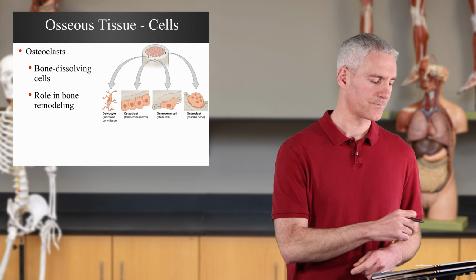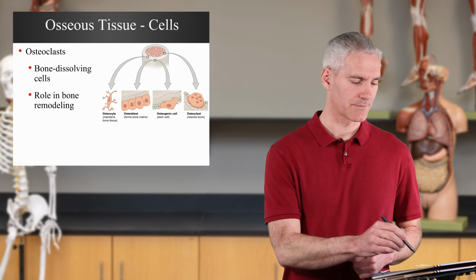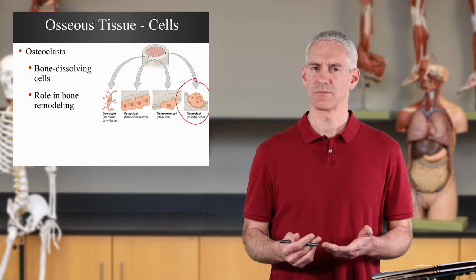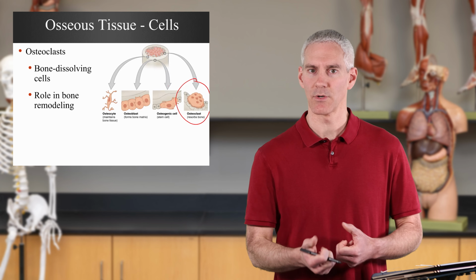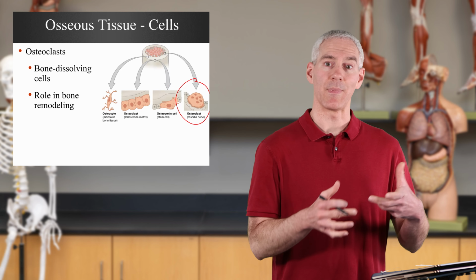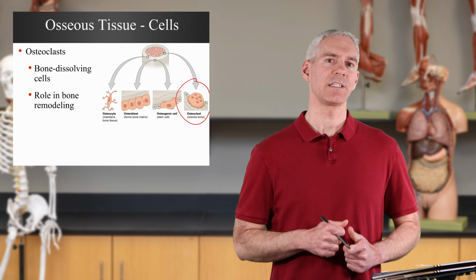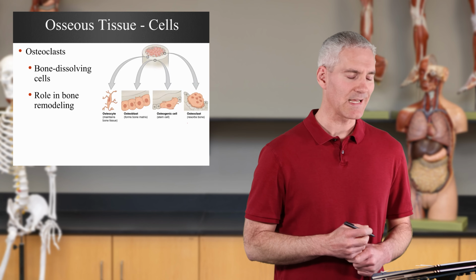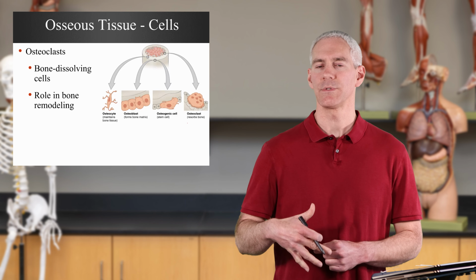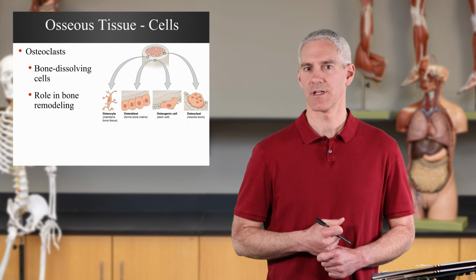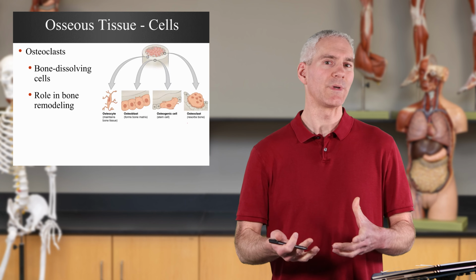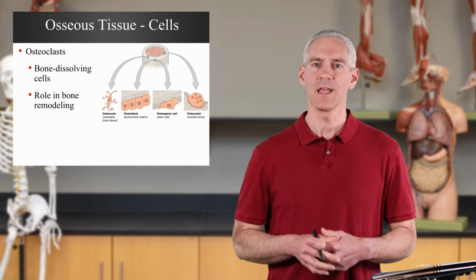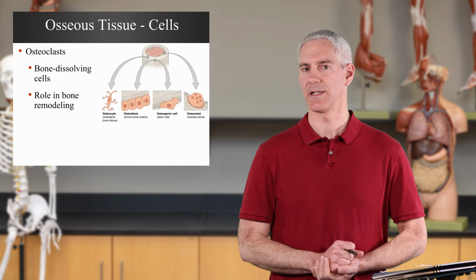But there's one more yet, the osteoclast cells. These osteoclast cells are a little bit different now because while the osteoblast created the bony matrix, and the osteocyte maintained the matrix, the osteoclasts are meant to destroy the matrix. These osteoclast cells will help to dissolve the calcified matrix of the osseous tissue. The reason you'd want to dissolve the matrix, break down the actual bone, is because that way you can release calcium into the blood.